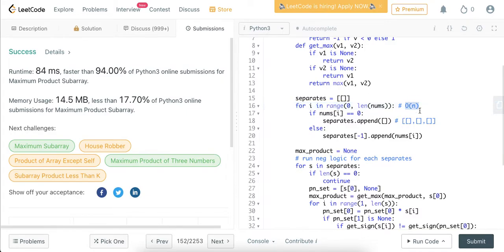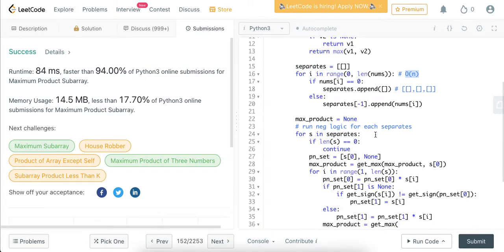So in total, this for loop is just big O(n). Then this one, let's see. The separation is created here. Of course, we can have as many as n separations, correct? Because if everything is 0, or even if just half of it is 0, that is n per 2. In big O notation, it's the same as big O(n).